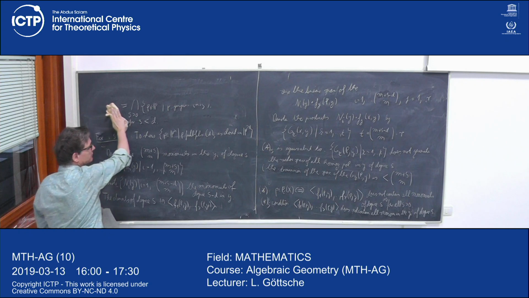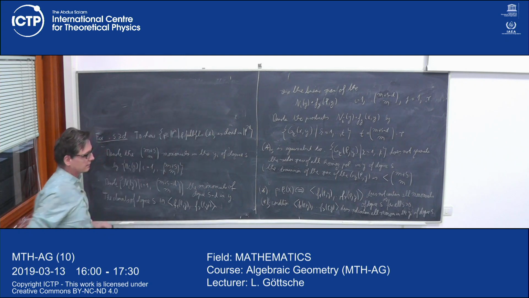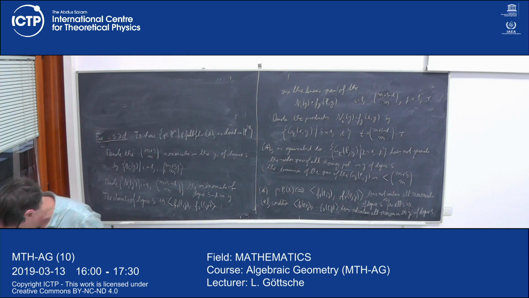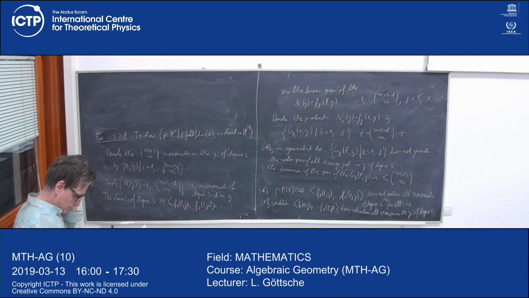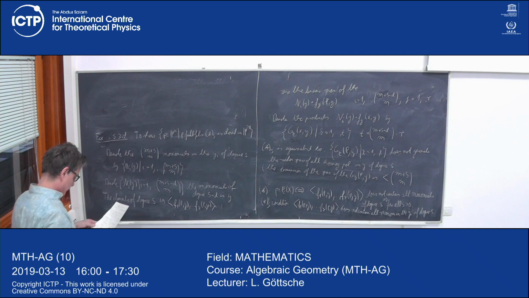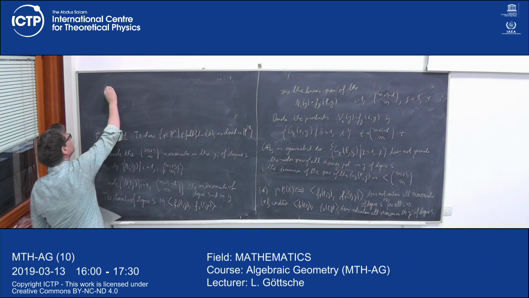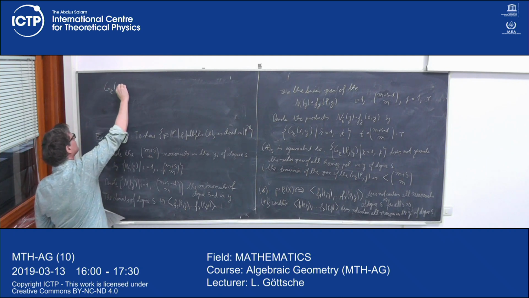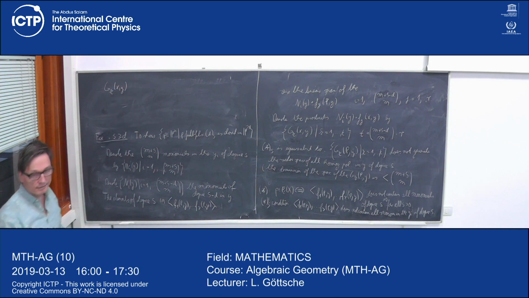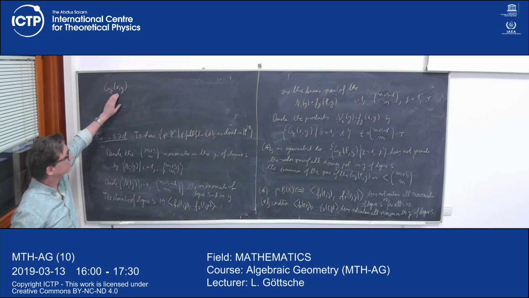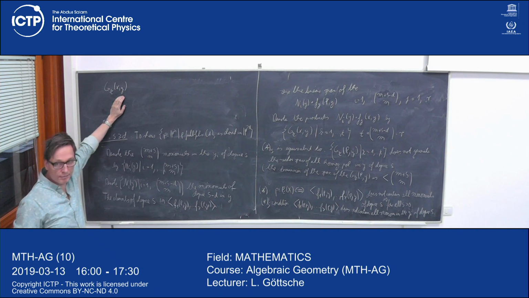So our aim is to show that this set is closed. And now we can use linear algebra to show that it's closed. So I write this polynomial gk of x y for any k. This is a polynomial in the x variables and the y variables. So I can write it as a linear combination of the monomials in y, where the coefficients are polynomials in x.